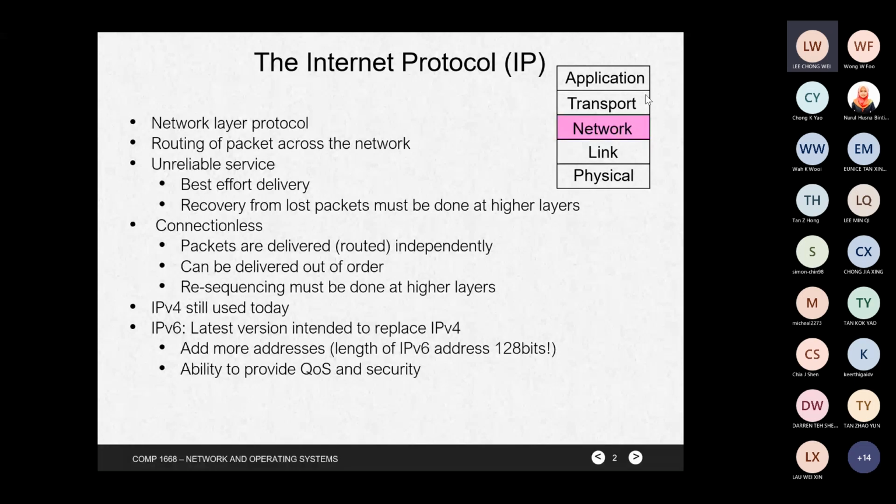And IP itself, Internet Protocol itself, is unreliable. Of course, the system will try to deliver the data with a best effort delivery mechanism, and recovery from lost packets will be done at the higher level, especially under TCP/IP, where we have covered the three-way handshake mechanism from the sender to the receiver and vice versa.